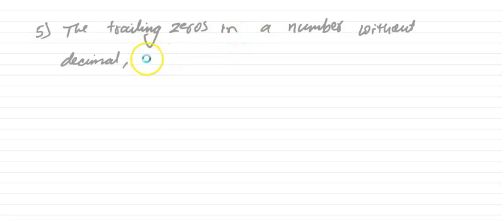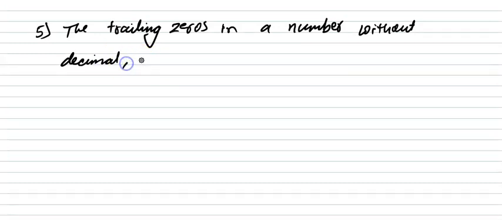The trailing zeros in a number without a decimal are not significant.